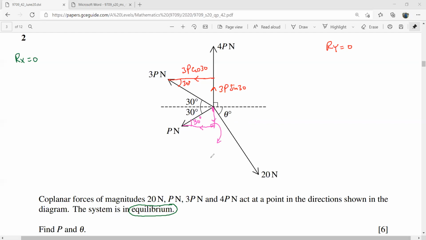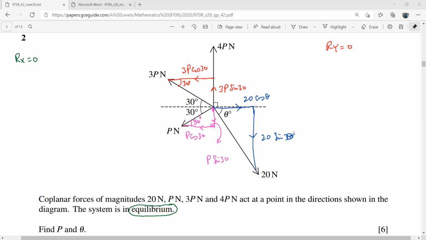So this is P sine 30, and this one is P cos 30. And then I'll be resolving this force this way. So this is going to be 20 cos theta, and this one is going to be 20 sine theta.